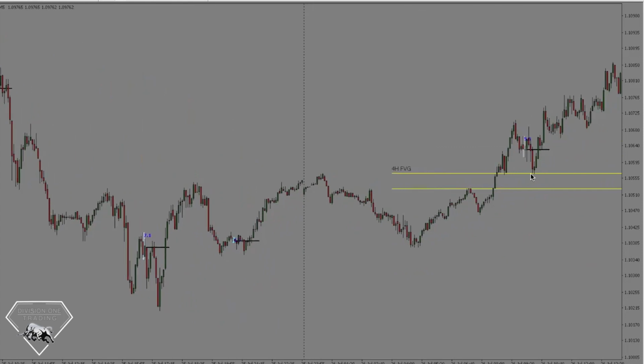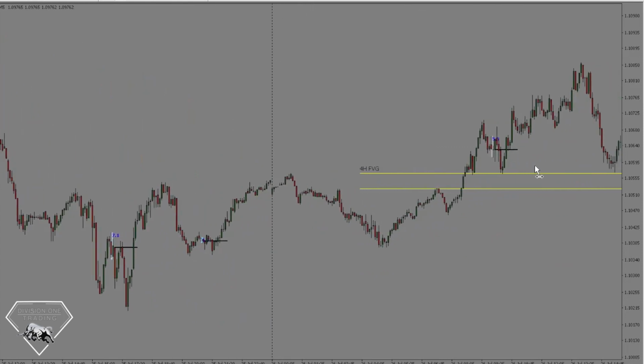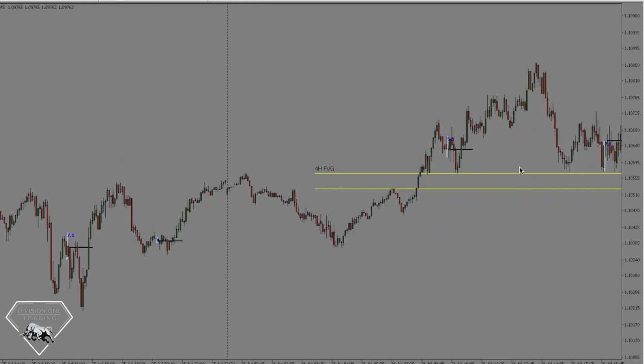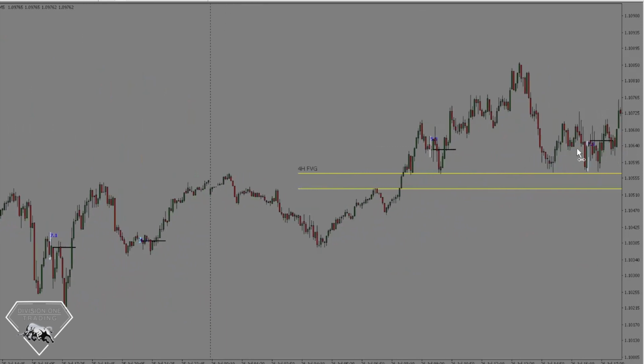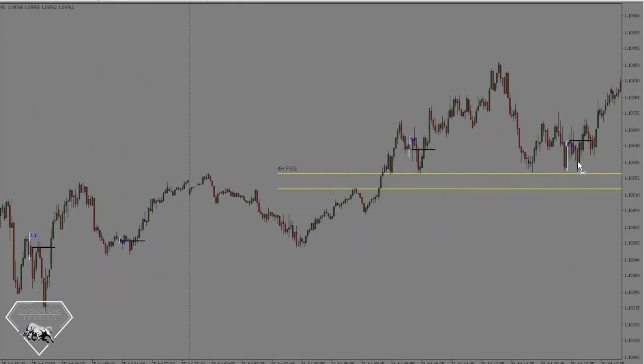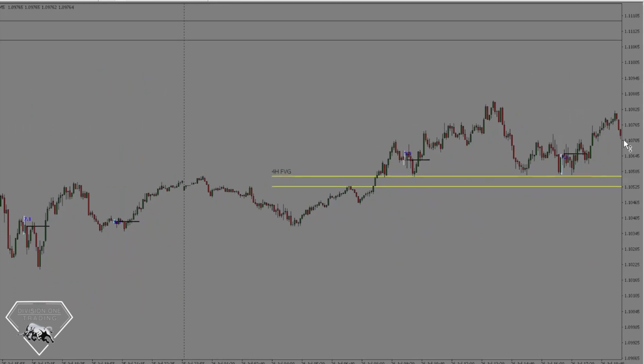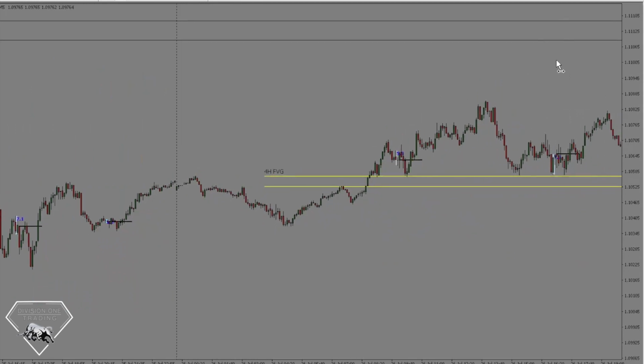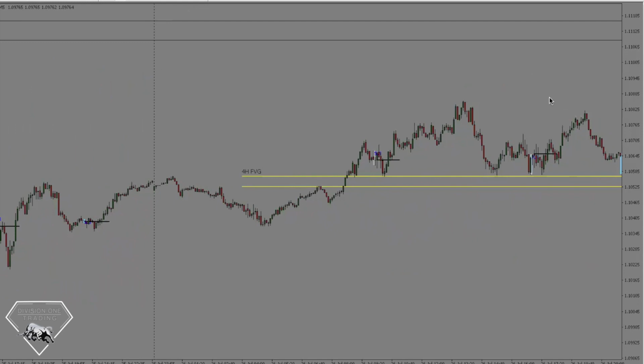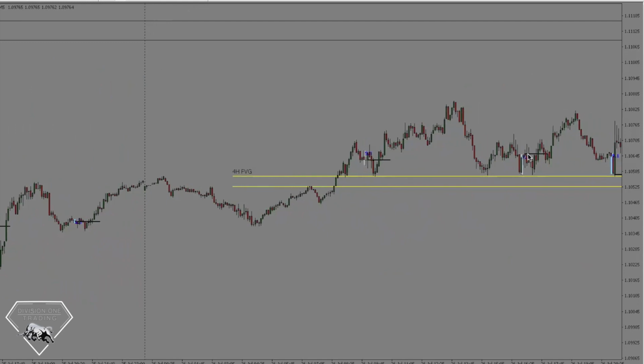So it trades into it just a little bit, comes back again. Now right here, this one might be a little tricky, but you have to remember this 4-hour fair value gap here. So it ends up trading. Looks like it closes above and then ends up going long.